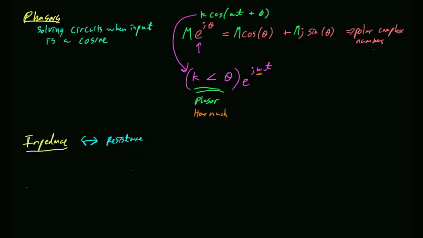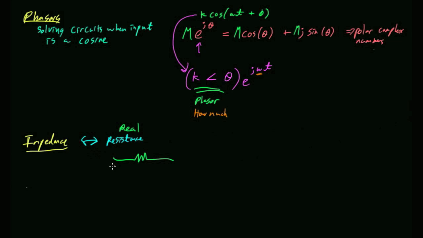So when we've talked about resistance, we've talked about a resistor, and a resistance has this property that it's purely real. If I say, what's the resistance of the resistor, you say it's 2,000 ohms. That's a real number.